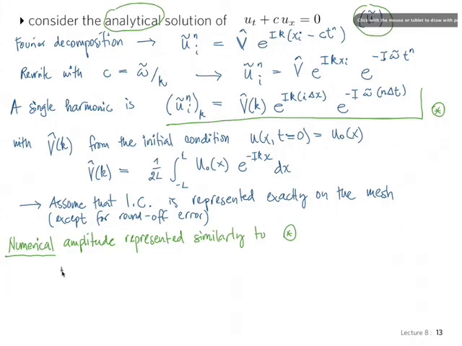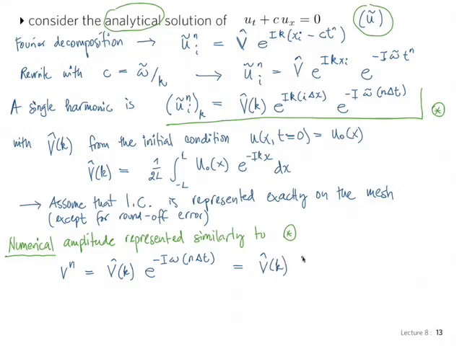And so I'm going to write for the numerical amplitude, Vn is equal to this V hat from the initial condition and e to the minus I omega delta t, where this omega is the numerical angular velocity, to the power n.